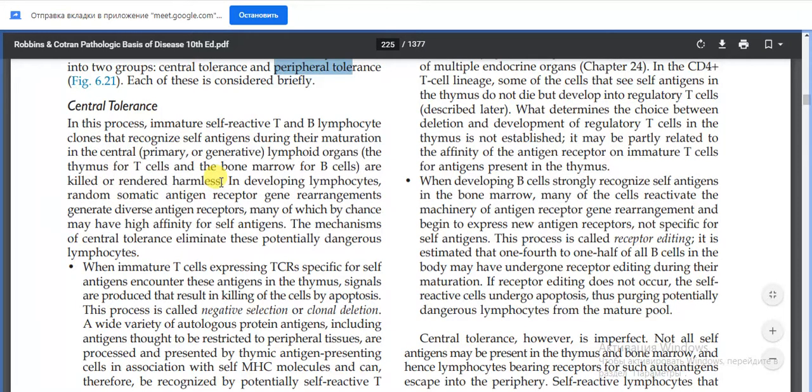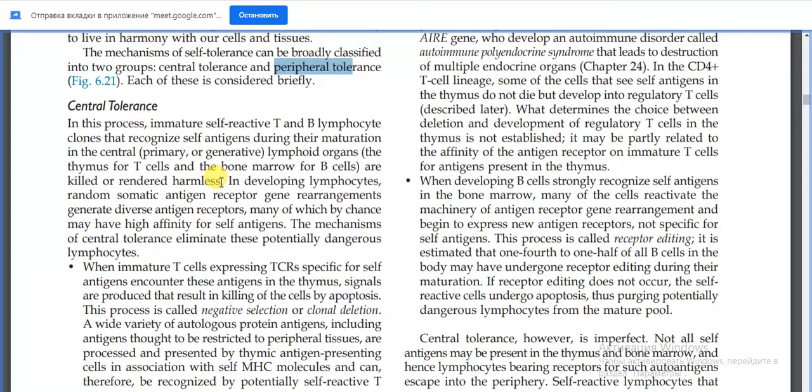You remember that we have lymphoid organs, and they are the sites of reproduction of lymphocytes. Naive T cells have no charge to kill cells, and B lymphocytes are not yet producing antibodies, so they don't act as killing cells.